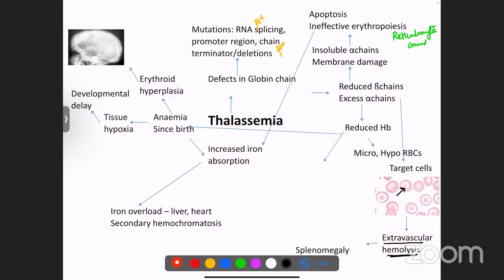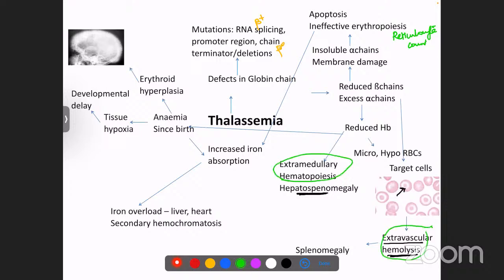Again, reduced hemoglobin. So what will happen? Extramedullary hematopoiesis. So what are the extramedullary hematopoietic organs? That is the liver and the spleen. So the patient will have hepatosplenomegaly. The reasons for splenomegaly are, one, extramedullary hematopoiesis, and the other, extravascular hemolysis.